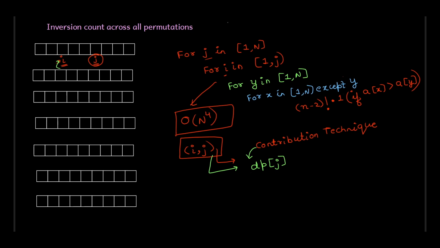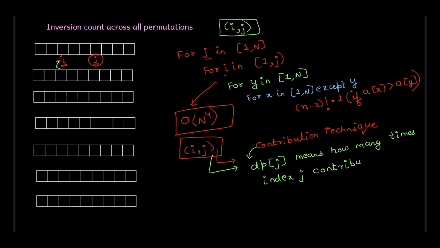So you know that in any permutation, the rightmost element is the one that defines the inversion. So you could have something like dp of j means how many times index j contributes to the inversion as the right element of the pair, that is, as the right hand side of the pair.